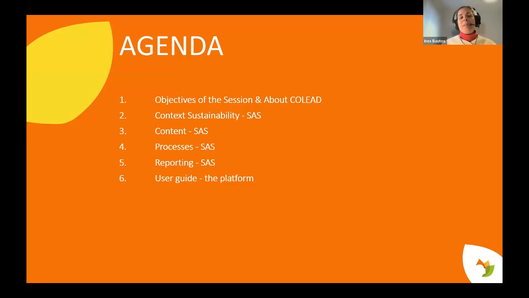Then we will enter into the content, process, and reporting, and very importantly, the part that will consume more of the time of this session is the user guide, the platform, that my colleague Jérôme will guide you through. Okay, so let's start the session.